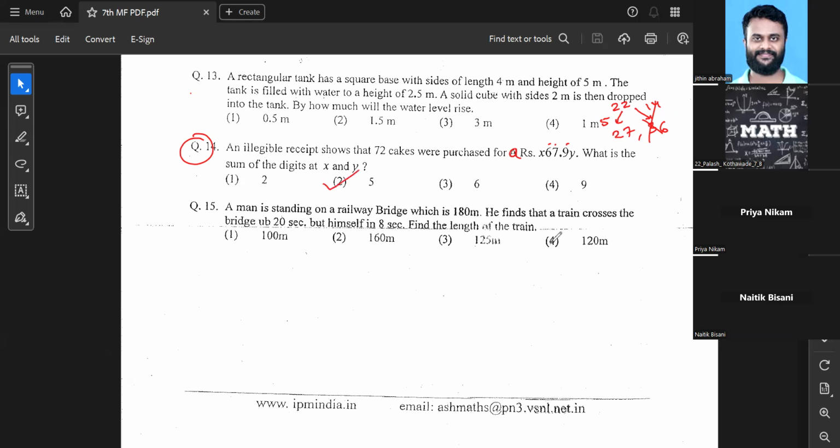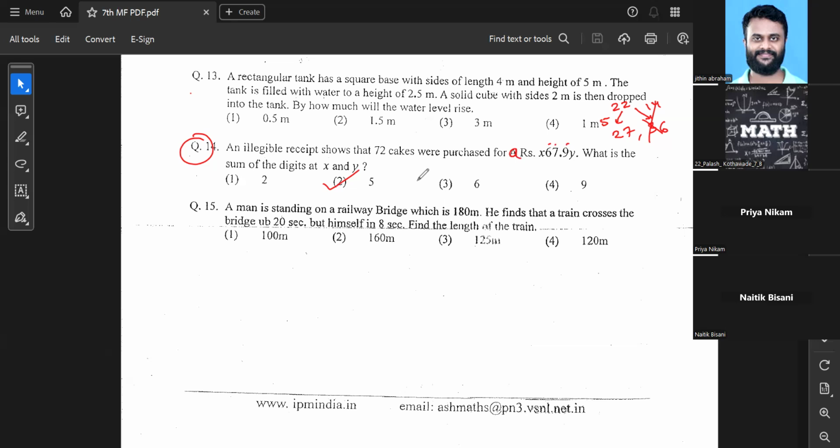Fortunately, when I'm considering the divisibility test of 9, there itself I'm getting the answer. I don't have a confusion whether this is the answer or that is the answer. Hence, I don't have to think about the 8th divisibility test. I just have to consider the 9th divisibility test in this case. Do you understand me? If there was no option, we would have to take 3, 9, and 8 in consideration.